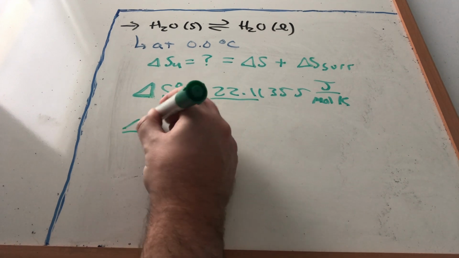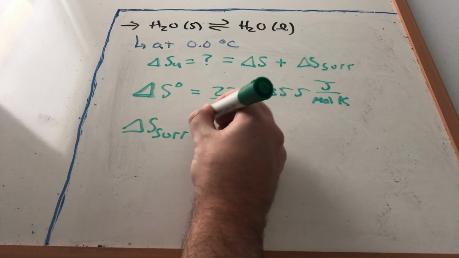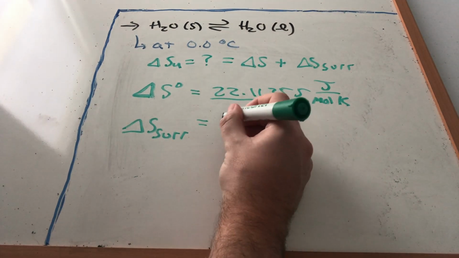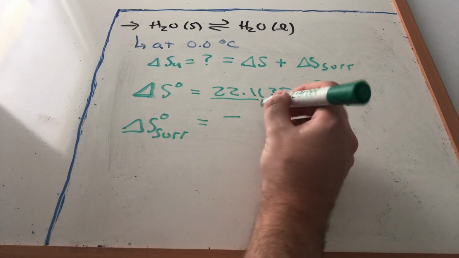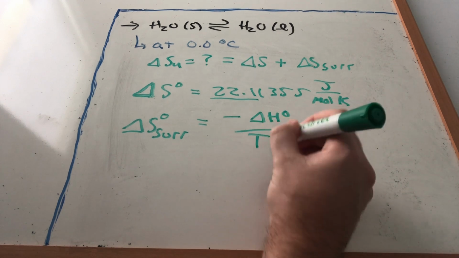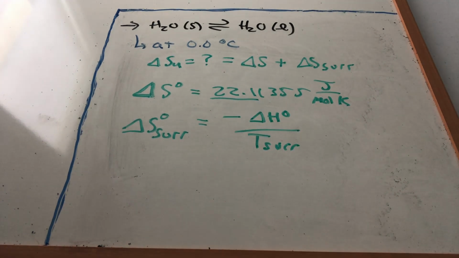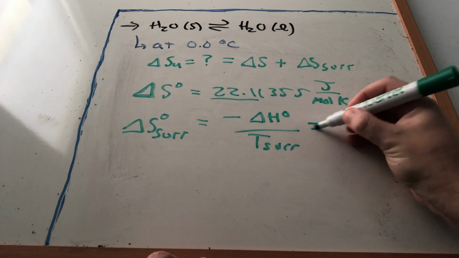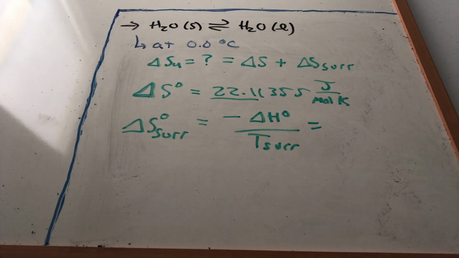How are we going to get delta S for the surroundings? Well, delta S for the surroundings, under standard conditions, is minus delta H naught over T of the surroundings. That's the starting point we just talked about. T of the surroundings is the same as the temperature of the system. It's still 0 degrees Celsius.